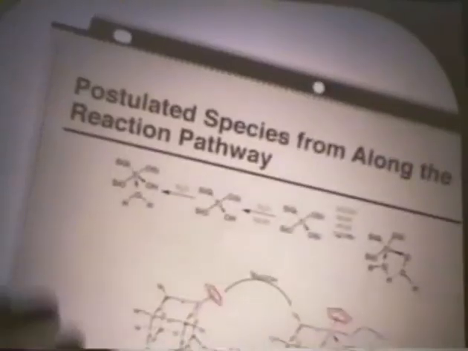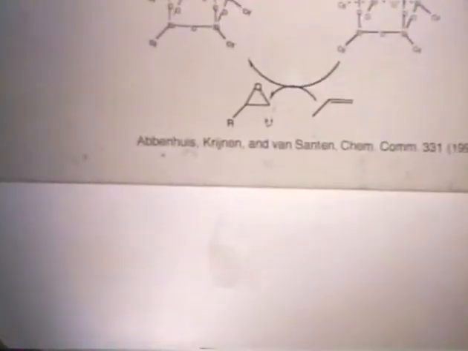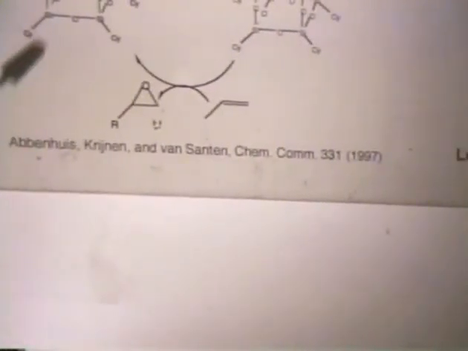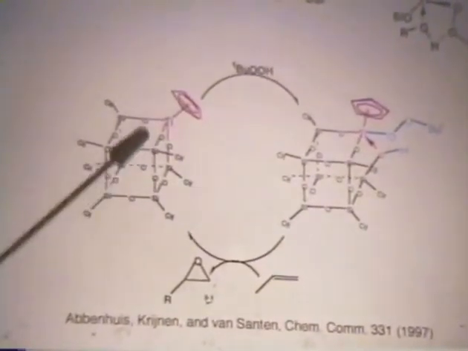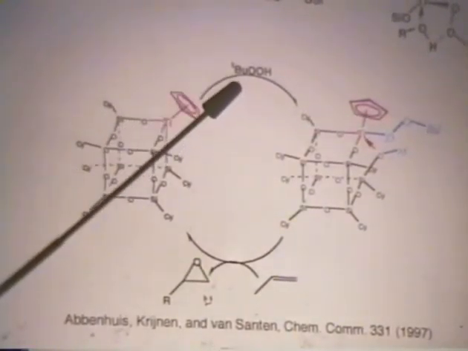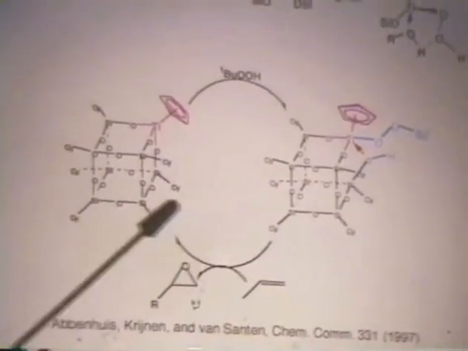Perhaps some of the best information on the mechanism of these reactions has been provided by van Santen's group, where they look at this molecular species in solution using NMR techniques, and they can observe upon addition of t-butyl hydroperoxide that one of the SiO-Ti bonds is cleaved, although it probably remains coordinated to form this metallohydroperoxide. Addition of olefin regenerates the resting state of the catalyst.